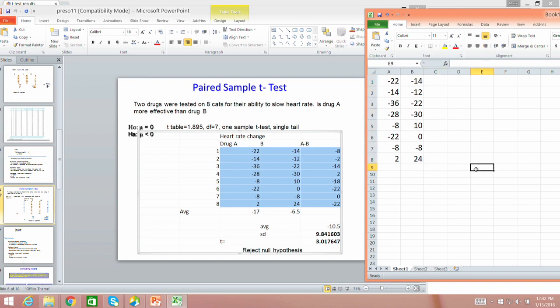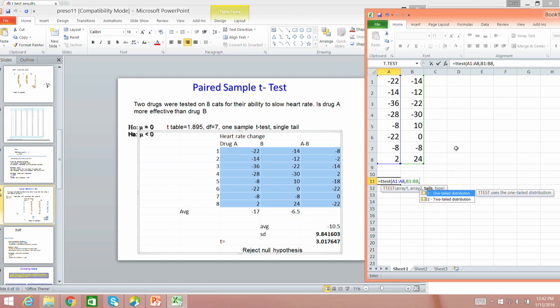So we will do TTEST, this data set, comma, this data set, comma, tail is 1, comma, we are talking about paired t test.